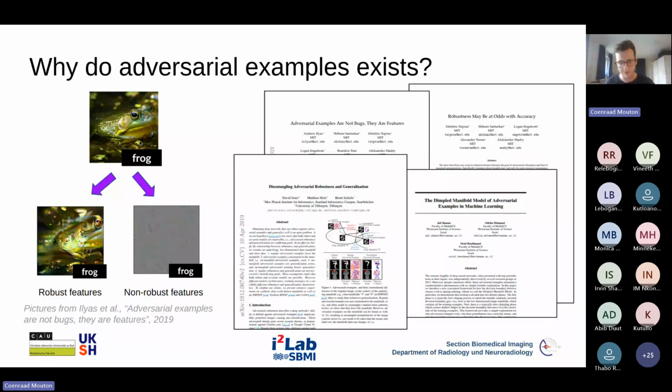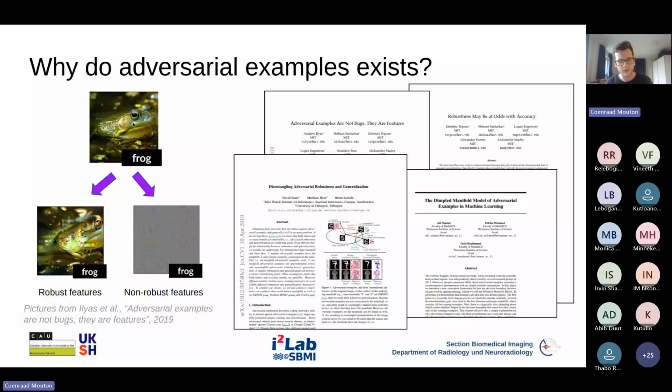So say we have an image of a frog. We found that to classify this image as a frog, neural networks use what we call robust features, and those are the sort of features that us humans use. It might be something like the color, the texture of the skin, the beadiness of the eyes, etc.